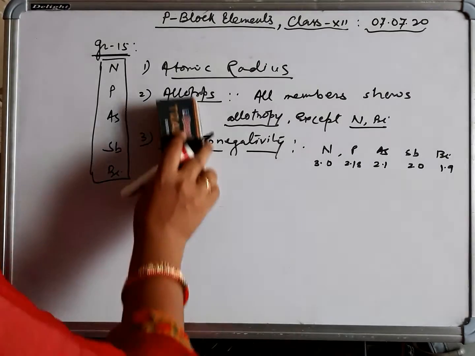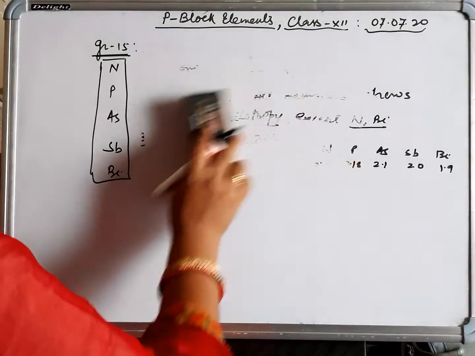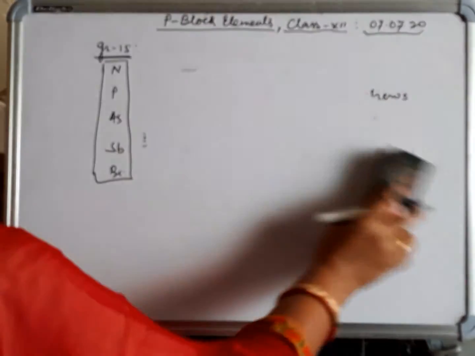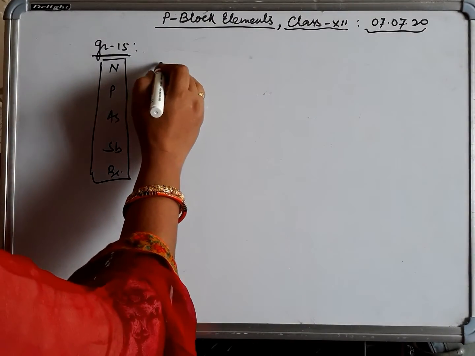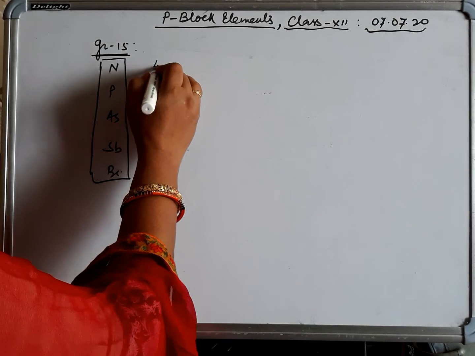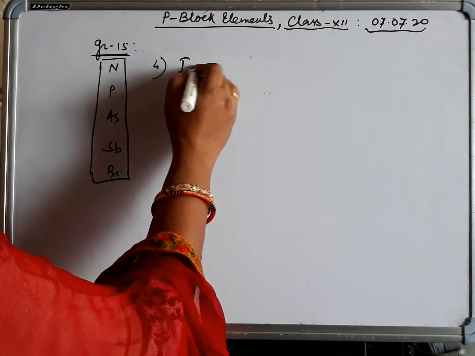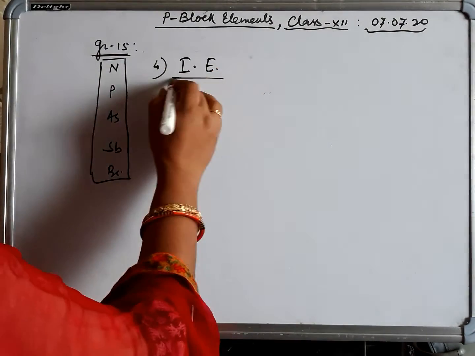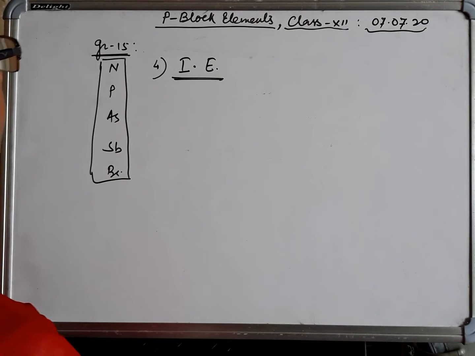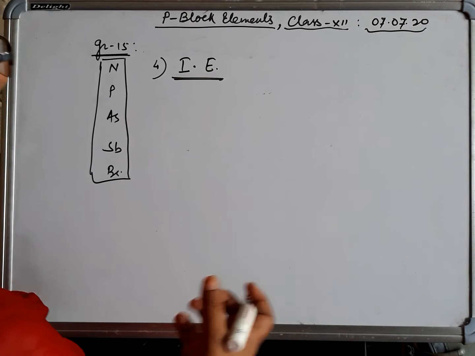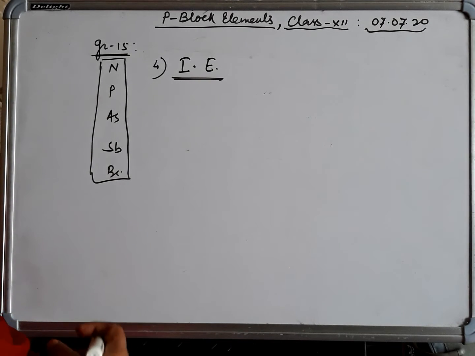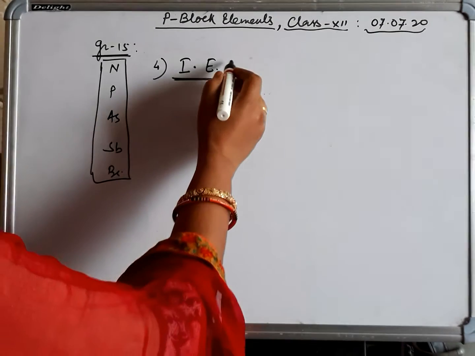Now next, ionization enthalpy. The next general characteristic of group 15 is number 4, ionization enthalpy. Students, we know that ionization enthalpy means the minimum amount of energy required to remove an electron from a gaseous isolated atom. That is called the ionization enthalpy.